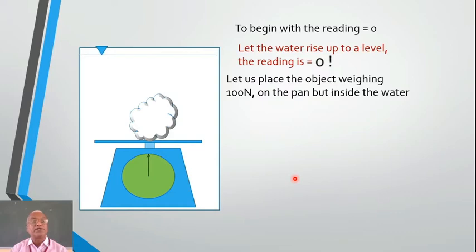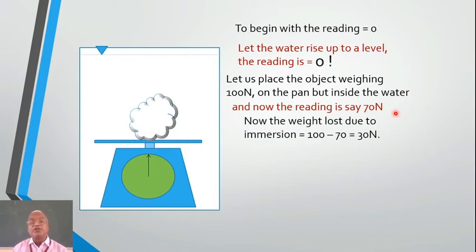What happens here is, observation, the level of water goes up. And now the reading is, say, 70 newtons. Obviously, when it is immersed into the water, you know that there will be a buoyant force trying to lift it up, and when you place it on the pan, let us say the reading is 70 newtons.